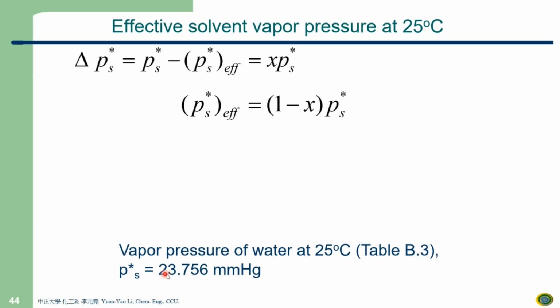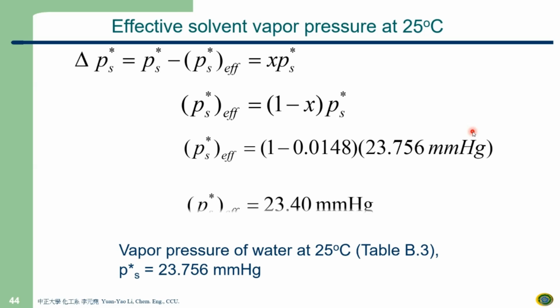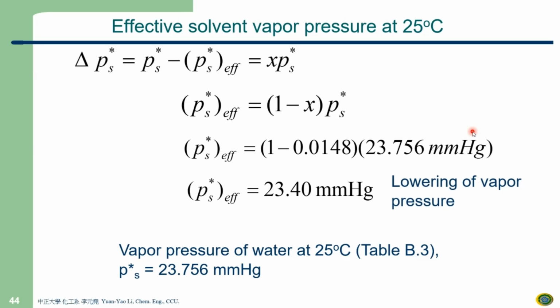PS at 25 is 23.756 millimeter mercury. So effective at 25 Celsius will be this one. I want you to do the calculation by yourself. As you know, 23.4 is lower than 23.756. So that's what we call lowering of the vapor pressure. Okay.